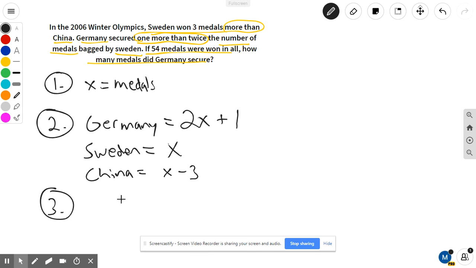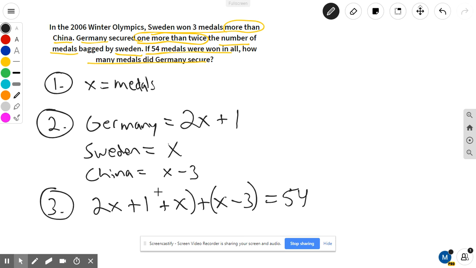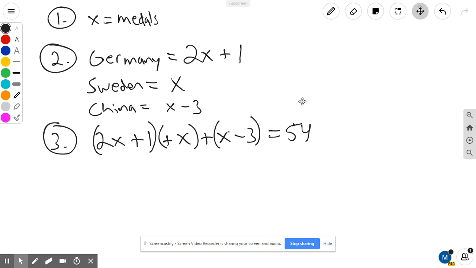Now we just want to write out our equation. So we got 2x plus 1 plus x minus 3 equals 54. I'm going to put parentheses just so we know what we're doing. Actually the parentheses should have been there. Now we just solve it. Not too complicated, not too hard of a problem.